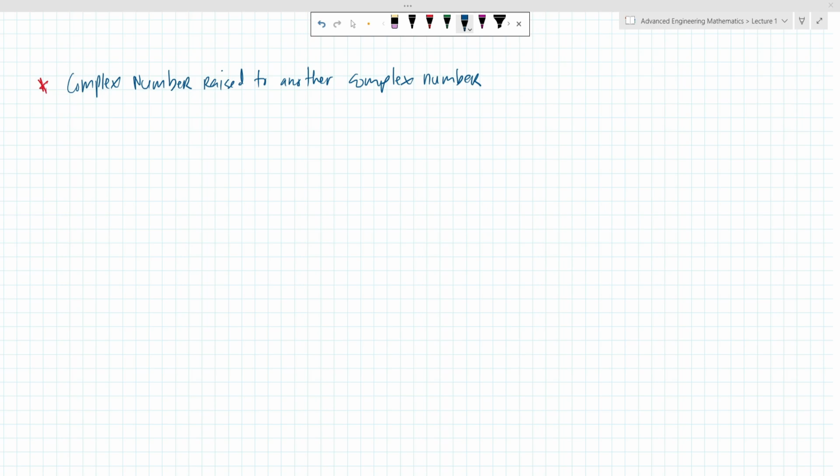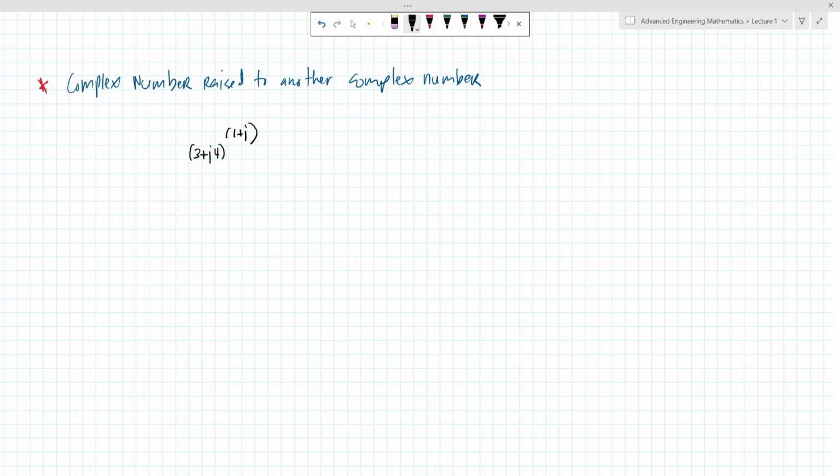Alright, so our next topic is on how to evaluate an expression containing a complex number raised to another complex number. So from the word itself, for example, we have a complex number, let's say 3 plus j4, and then we raise it to another complex number, let's say 1 plus j.